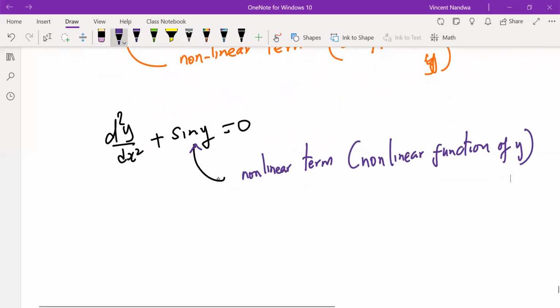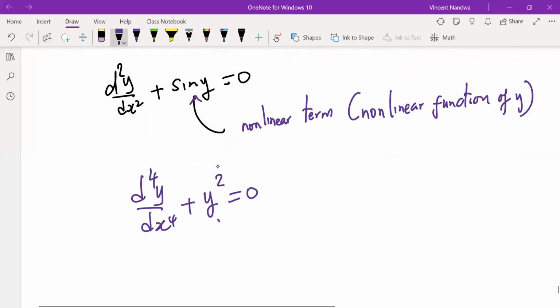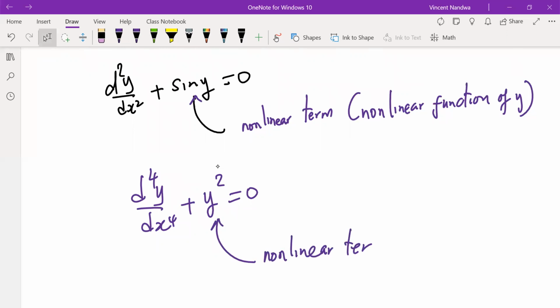And then another example, d^4 y/dx^4 plus y squared equals 0. This is also nonlinear. So the power of y is more than 1.